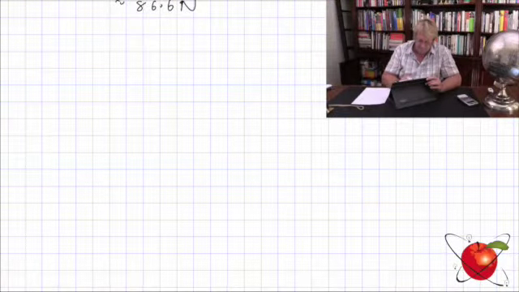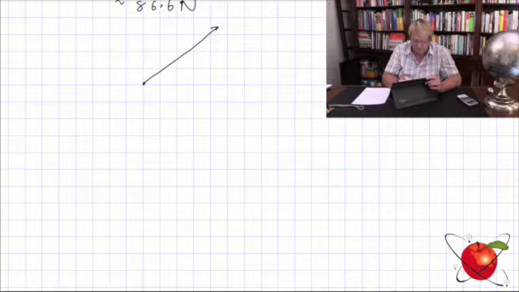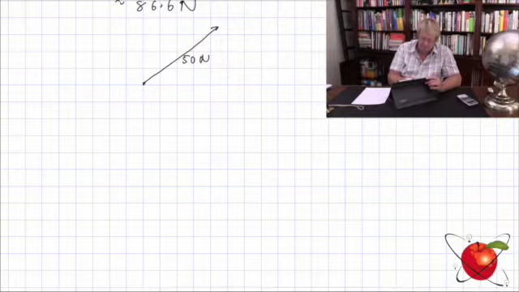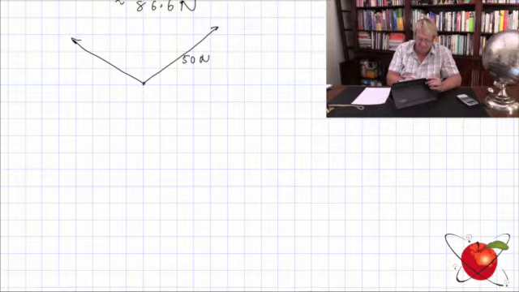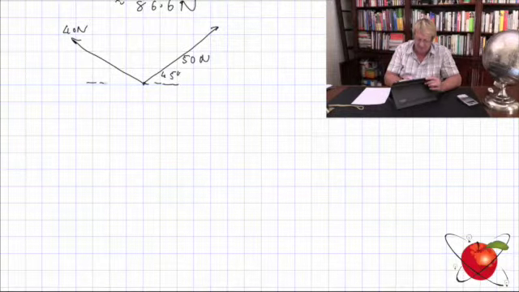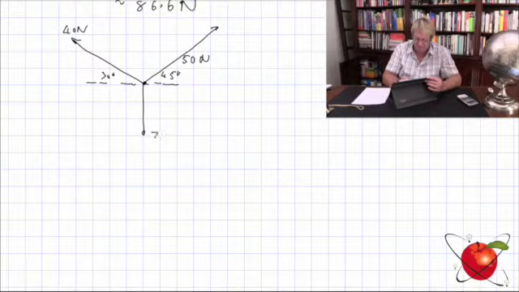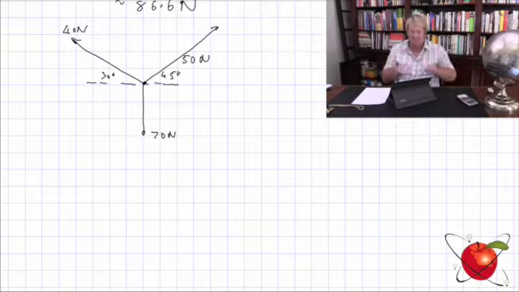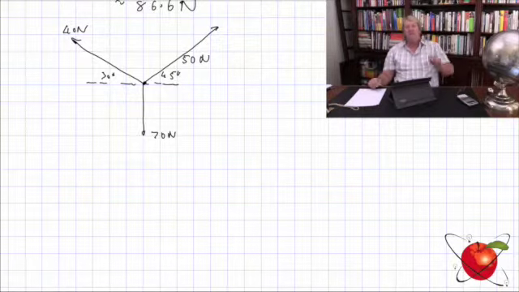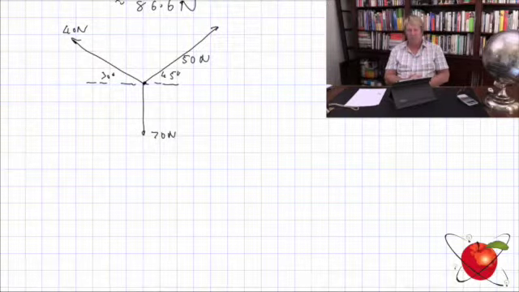Let us say we've got a force acting that way, let's call it 50 newtons, and a force acting this way of, let's say, 40 newtons, at angles of 45 degrees and 30 degrees. And a force acting down of, let's say, 70 newtons. And they say to us, calculate the resultant force. Now, obviously, if they are saying calculate the resultant force, that thing is not in equilibrium. It's going to move.